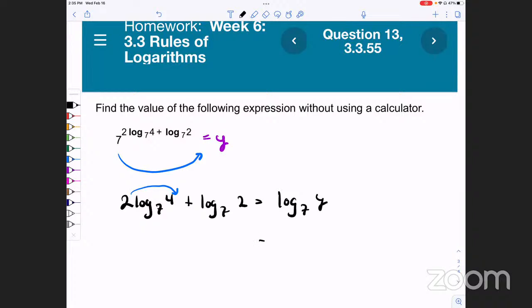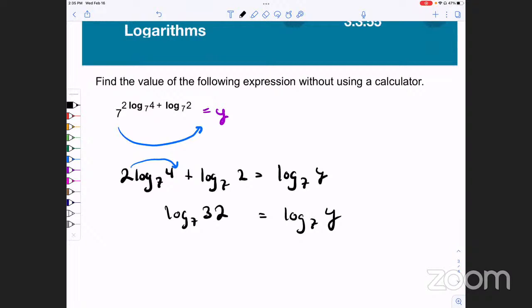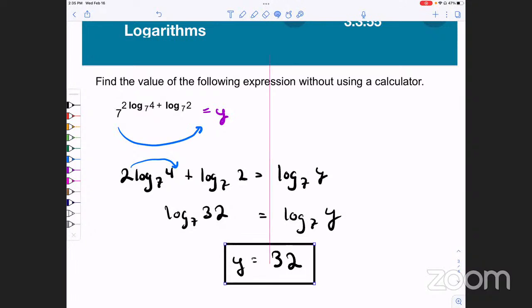So this is really log base 7 of 32 equals log base 7 of y. Then y has to equal 32. So we just get 32.